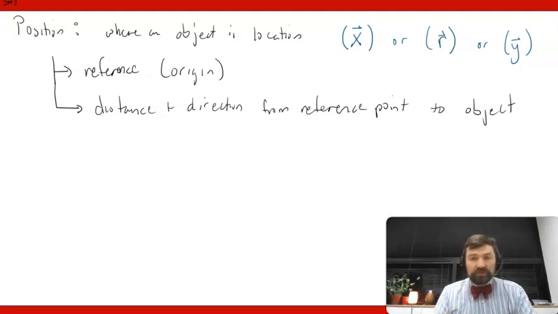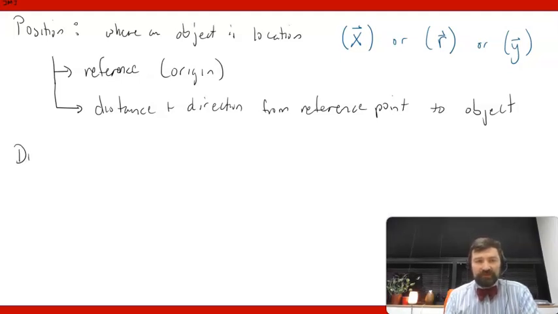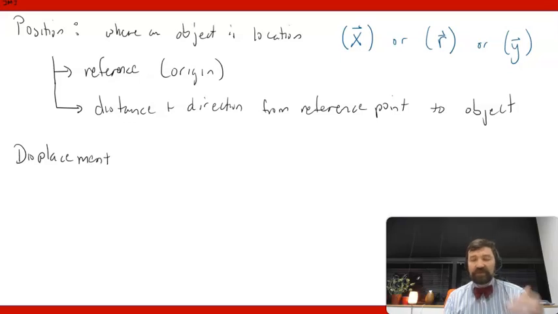Okay, related to position, our next thing on the list would be called displacement. And displacement is just change in position. So if you have an object at one location, and sometime later it's at another location, that is your displacement.